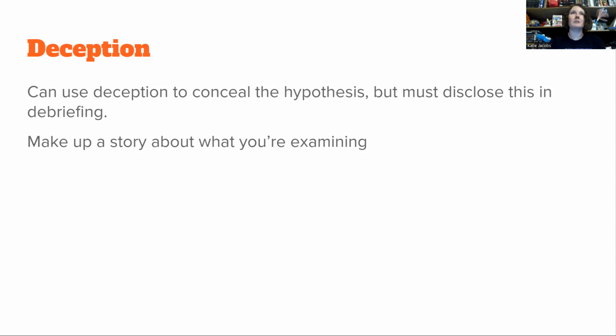If you all remember from other classes learning about the Milgram experiment, they told the participants in that study that they would be examining learning and things like that, but actually what they were looking at was whether people would listen to authority or not, even to do terrifying things.